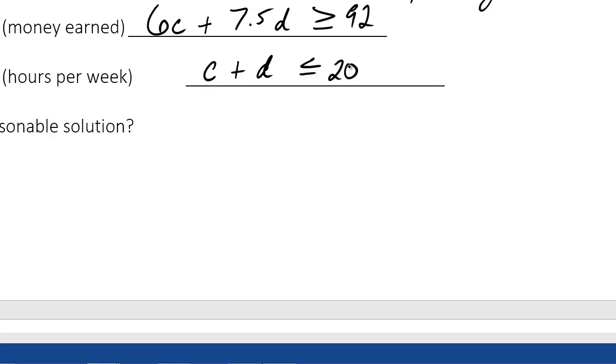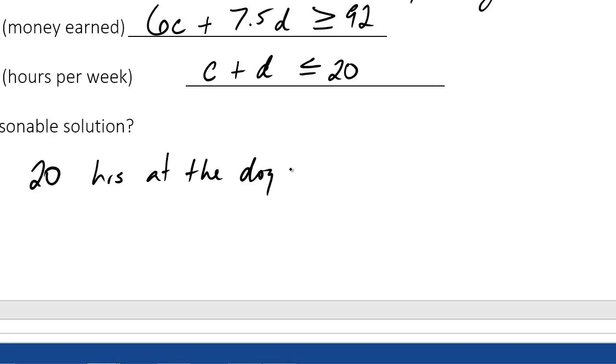So we want to put all of our hours into the highest paying job, so the dog grooming. So in order for this inequality to work, we can go ahead and put all 20 hours in dog grooming. So 20 hours at the dog groomers, and then 0 hours car washing.